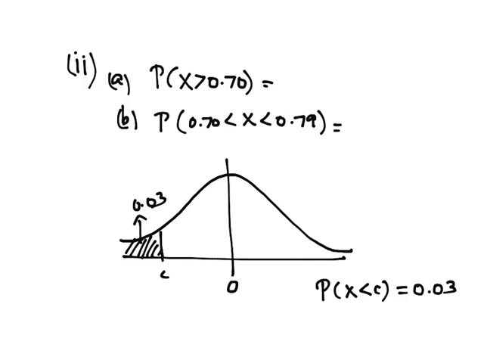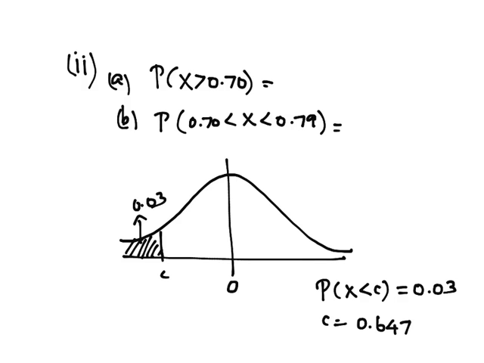Again, it's quite simple. Go to statistics, distribution, normal, inverse normal. The tail is left, area is 0.03, sigma is 0.06 and mean is 0.76. So the value of C will be 0.647. Now you may be wondering, C is less than 0, so won't it be a negative number?